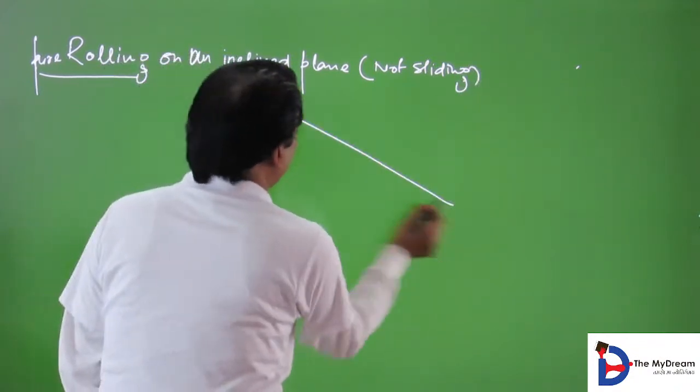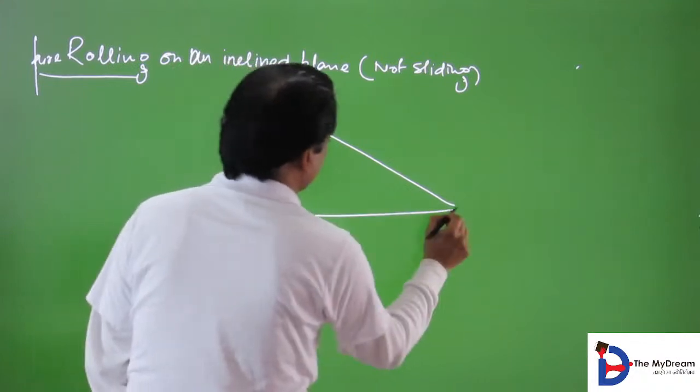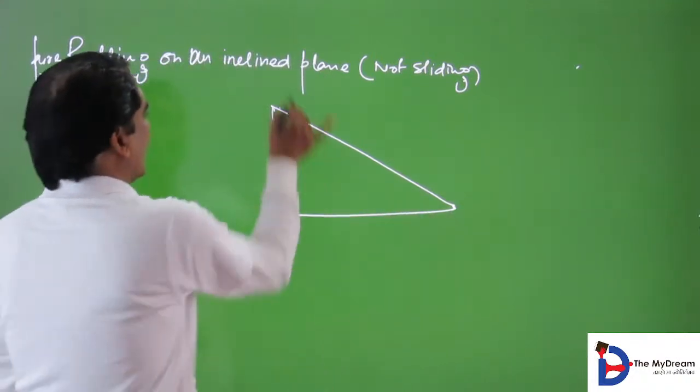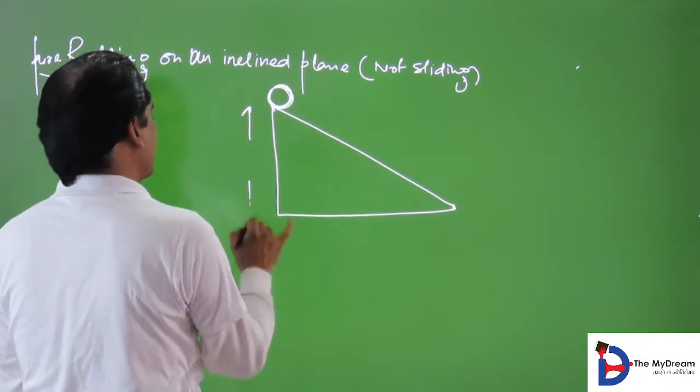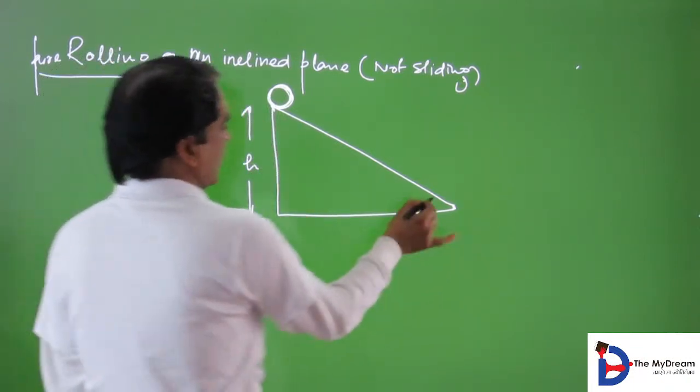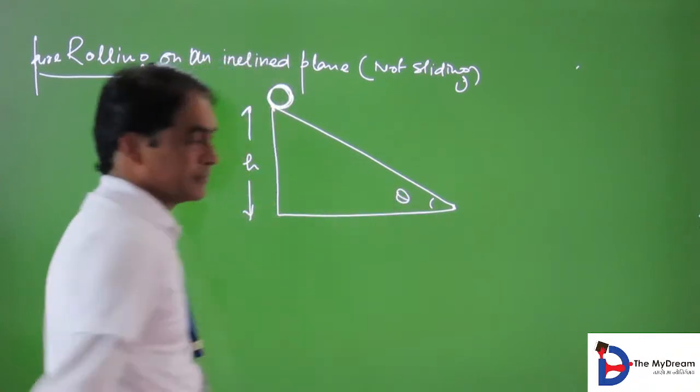Suppose this is the inclined plane. Here it is an object at a height h. It makes an angle theta.